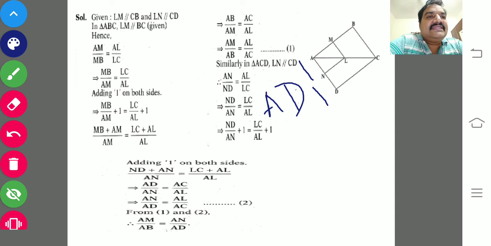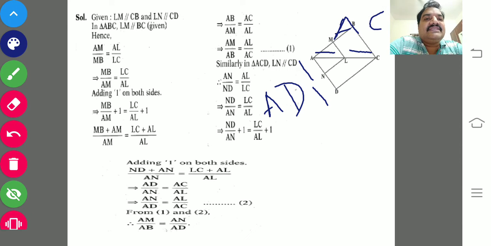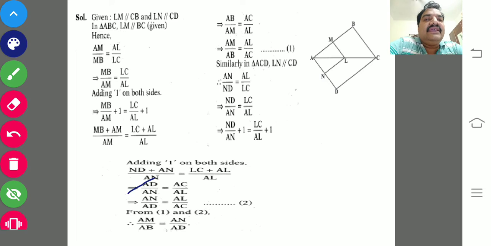And LC plus AL equals AC. So in the numerators, ND plus AN you write AD, and LC plus AL you write AC. So you got AD by AN and AC by AL. Because here we reciprocated, here also you have to reciprocate. You got equation 2. Equation 1 is already there and equation 2 also.